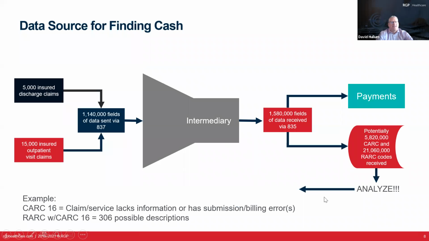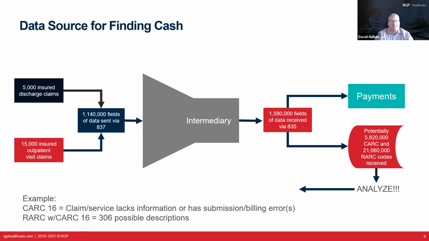Thank you, Kenan. So here's a transaction flow of the data. Okay, so in our example we've got a healthcare organization that had 5,000 insured discharge claims and 15,000 insured outpatient visit claims. So 20,000 insured claims, and to simplify this, we're just going to say there's one charge line for each one.